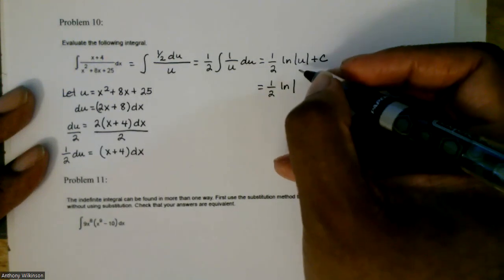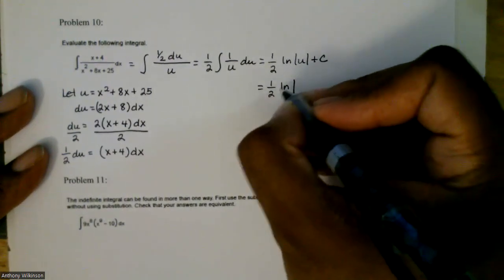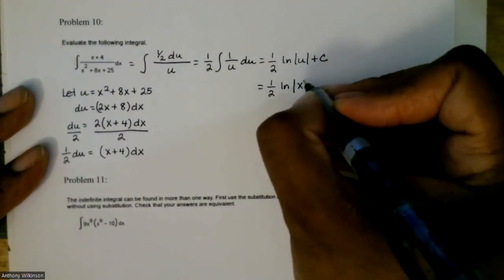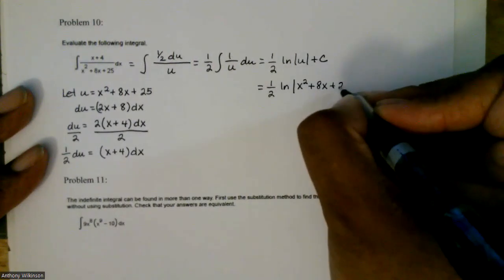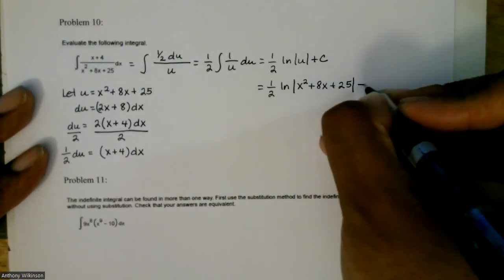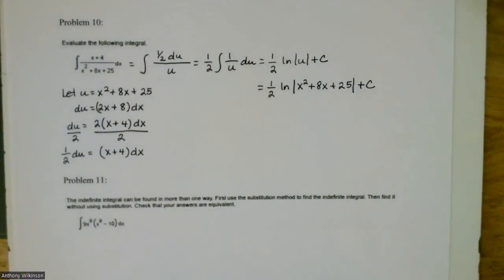And then replace the u, in this case, with x squared plus 8x plus 25. So I have 1/2 the natural log of x squared plus 8x plus 25, and then plus c. Now, in this case, that x squared plus 8x plus 25 will never become a negative number.